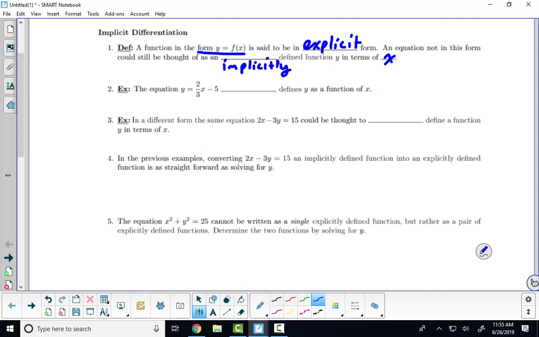So here I've got an equation, y equals 2/3 x minus 5. This explicitly defines y as a function of x.